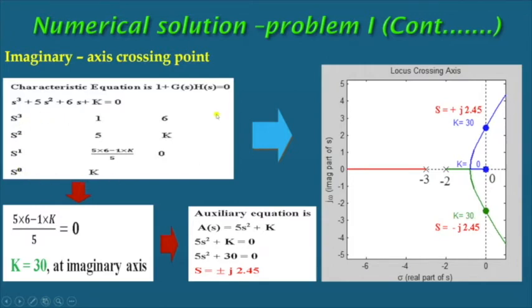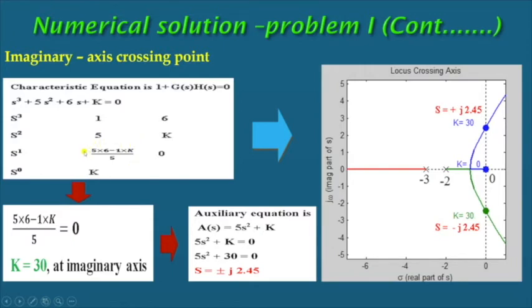Using the Routh array, that means s cube, s square, s1, s0. So this is 1 and then write down 6. This is 5 and this is K. Then (5 into 6 minus 1 into K) divided by 5. And 5 into 0, this is 0. And the value of the last is K.